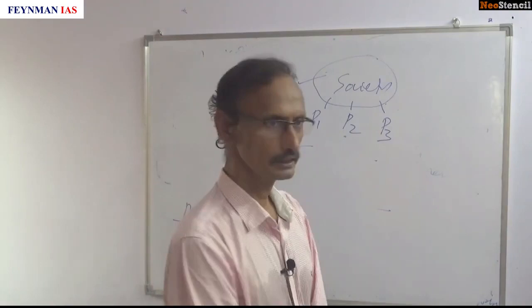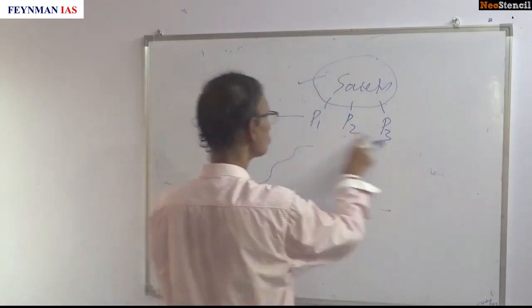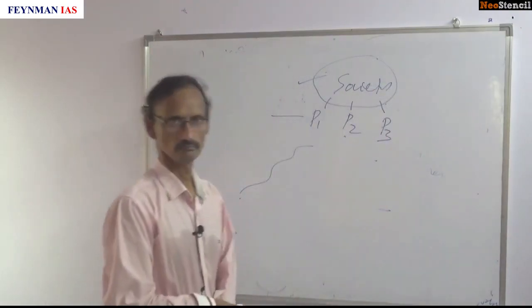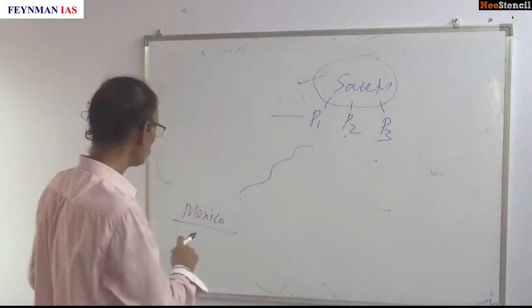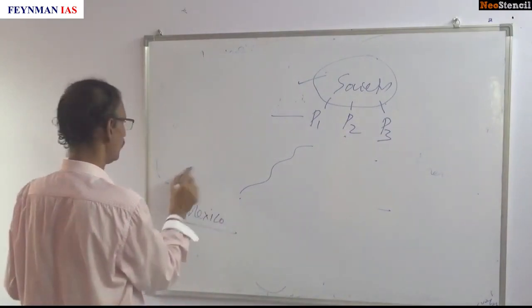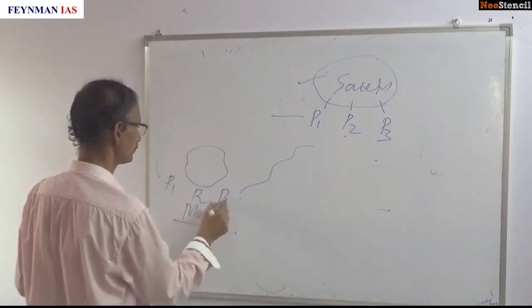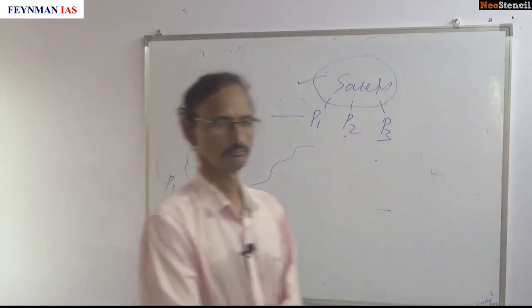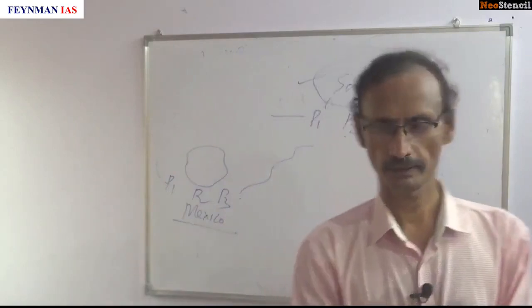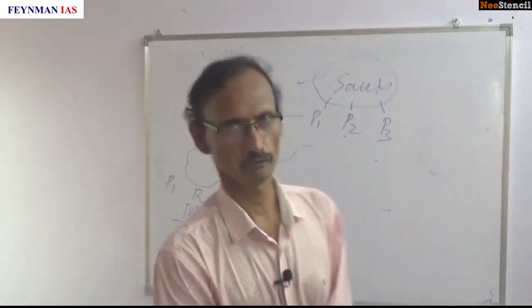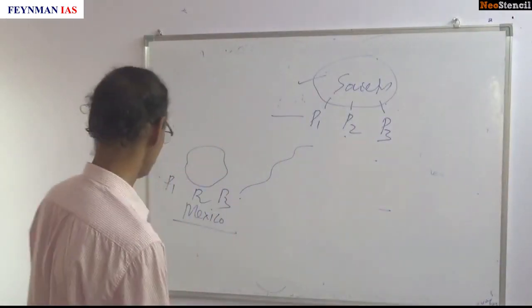Mexican society is not what these people may have talked about. But some people in Mexico attempt to look at their society from the P1, P2, P3 point of view. Some say P1 is right, some others say P2 is right, and there would be others who say P3 is right.